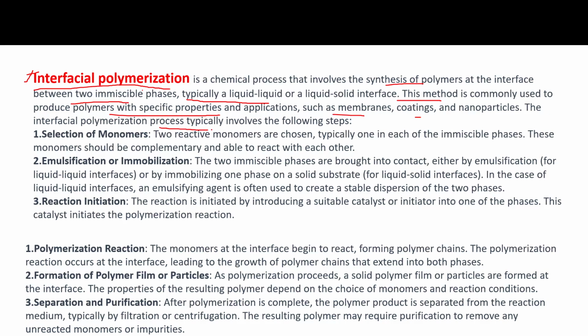The interfacial polymerization process typically involves the following steps. First is the selection of monomers. The two reactive monomers are chosen, typically one in each of the immiscible phases.